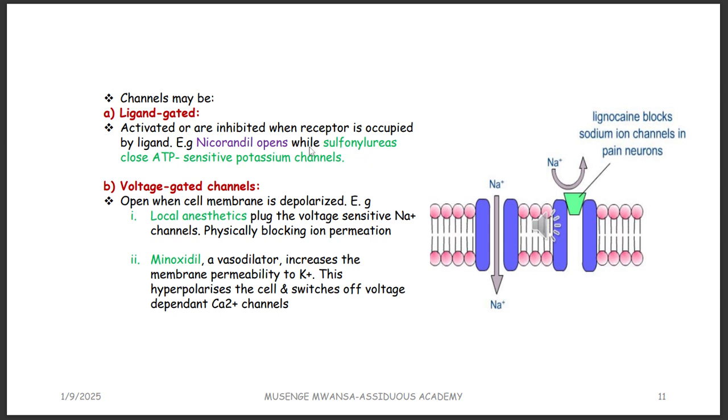So these drugs, when they bind, we call them ligands, they can either close or open the channel. And then voltage gated ion channels, these ones open when the cell membrane is depolarized. For example, local anesthetics, and you also have some other drugs which act as vasodilators. So these ones, once there is a change in membrane potential, they can open.